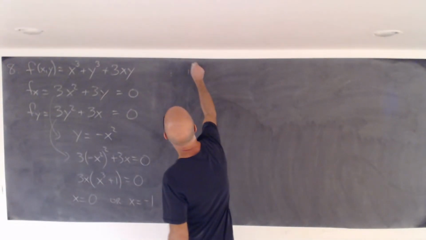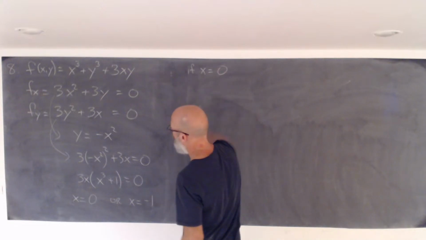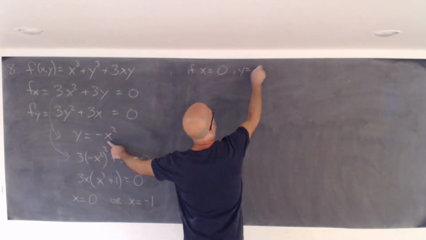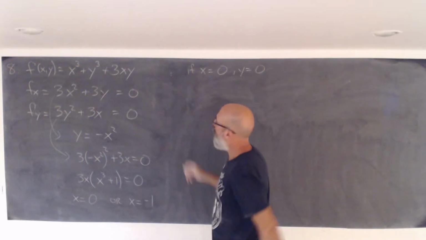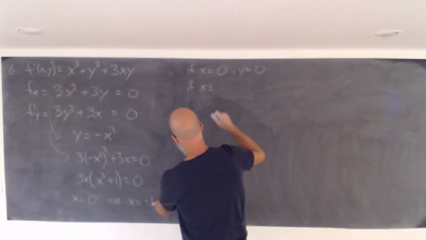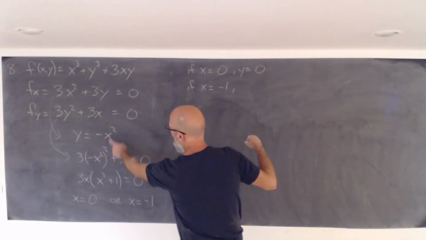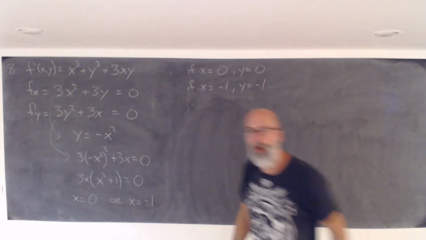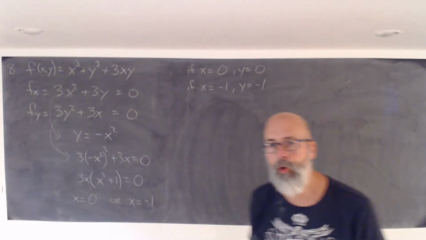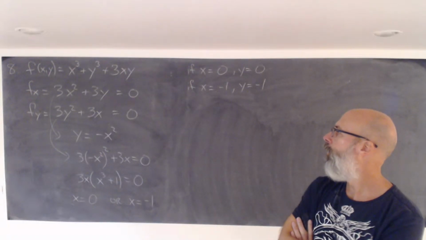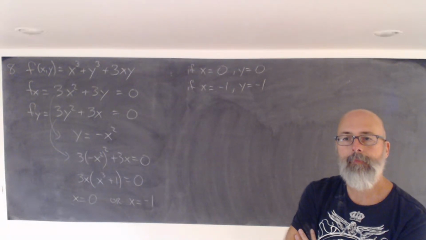So if x is 0, y is 0. And if x is negative 1, y is negative 1. So you have these two critical points.